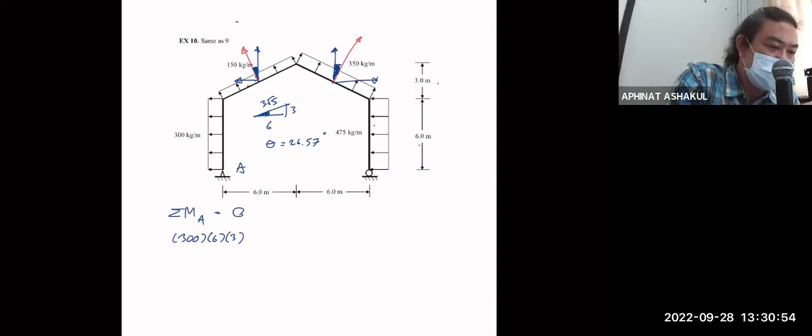So we're going to have the sine one is a horizontal, okay, plus 150 sine 26.57. So this sine one is this.